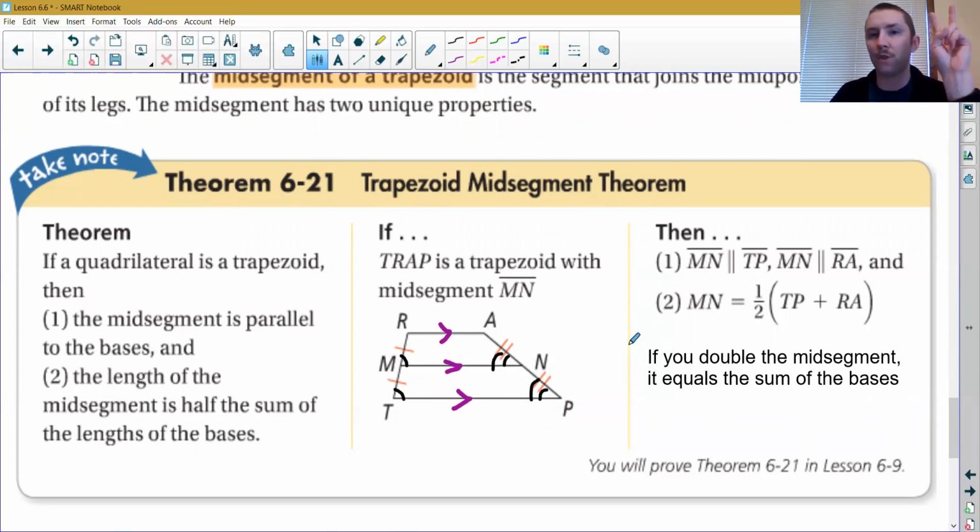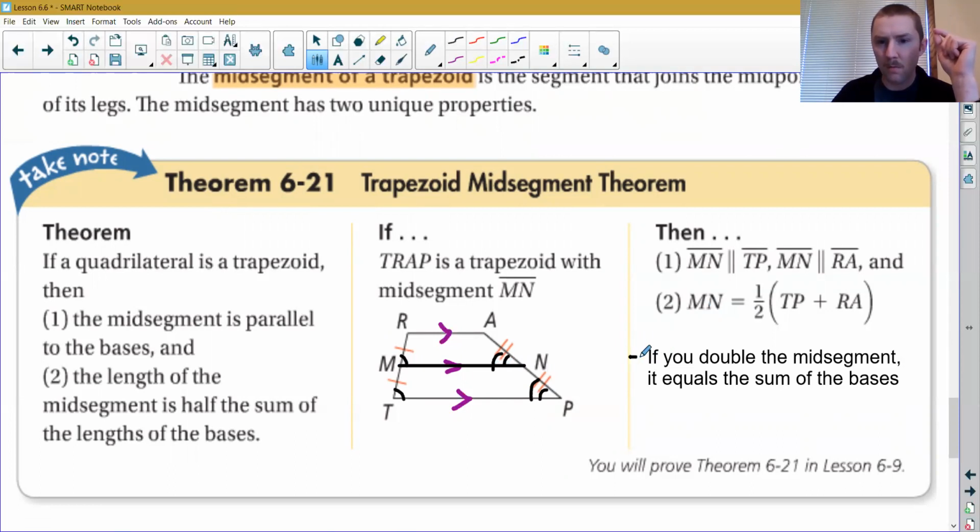The second thing that's true about mid-segments of a trapezoid is that the mid-segment, this distance from this side all the way over to this side, is half as much as the two bases added together. Okay, the mid-segment length is half as much as the two bases added together. All right. A different way to put that, which actually makes the algebra that we're asked to do a lot easier, is this.